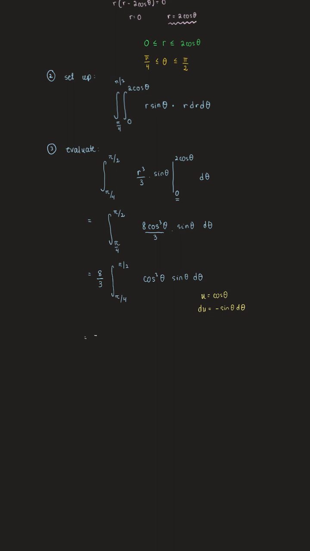So we have a negative 8/3, and this gives us negative u cubed du. So this is going to be u to the fourth, or cosine to the fourth theta over 4, evaluated from pi over 4 to pi over 2.